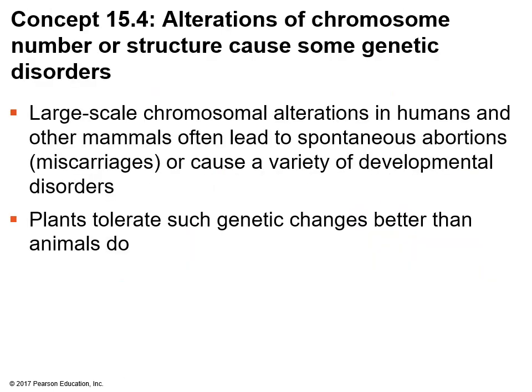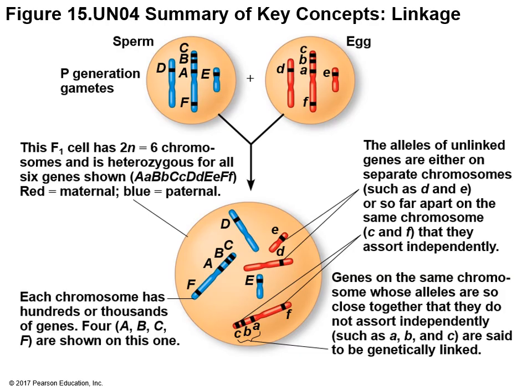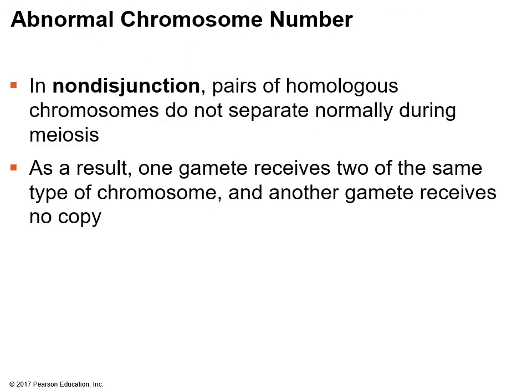Okay. Large-scale chromosomal alterations in humans and other mammals often lead to spontaneous abortions, miscarriages, or cause a variety of developmental disorders. Plants tolerate such genetic changes better than animals do. So how do these, or what are some examples of these chromosomal alterations?